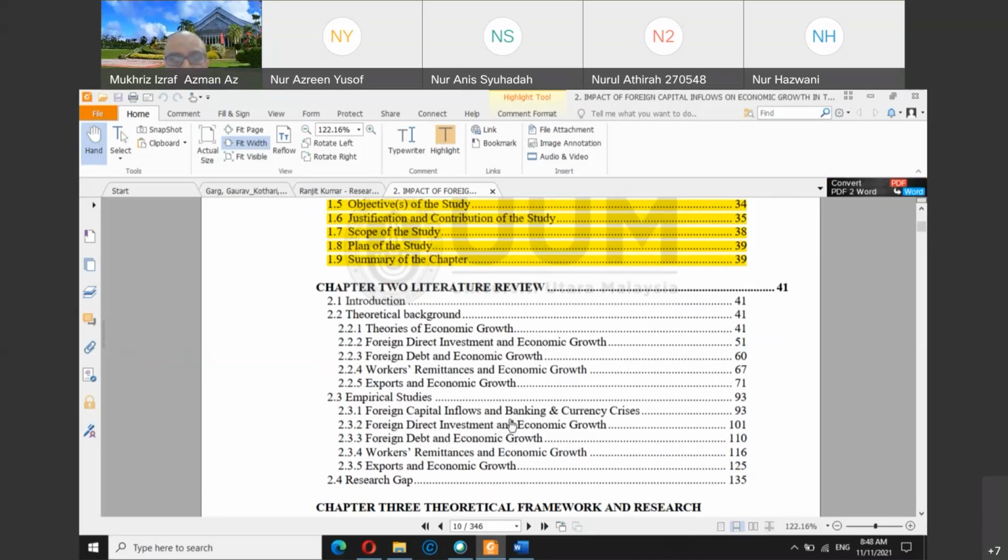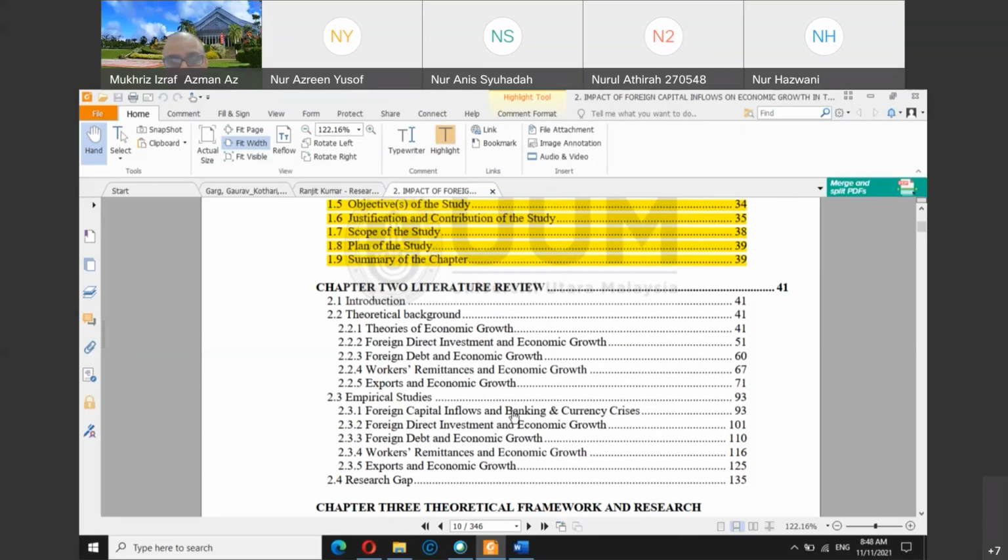If you want to ask whether variable A and variable B, for example intention to do entrepreneurial activity, is related to education, then the relationship between education and entrepreneurial activity can be one item under the empirical study. So you're going to find articles that have looked at this issue.